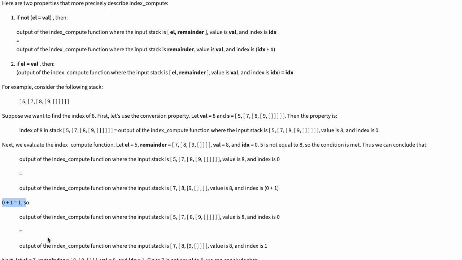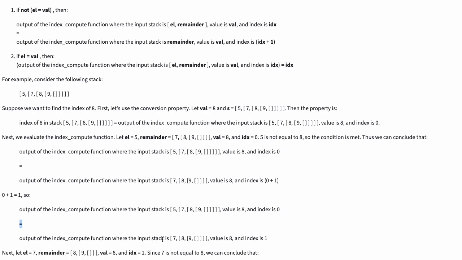So the output, where the input stack is 5, 7, 8, 9, value is 8, and index is 0, is equal to the output, where the input stack is 7, 8, 9, value is 8, and index is 1. Notice how 5 was popped from the stack, and the index went from 0 to 1.